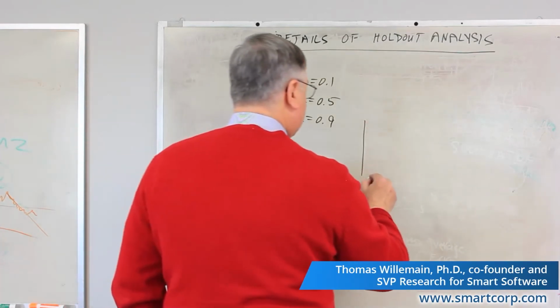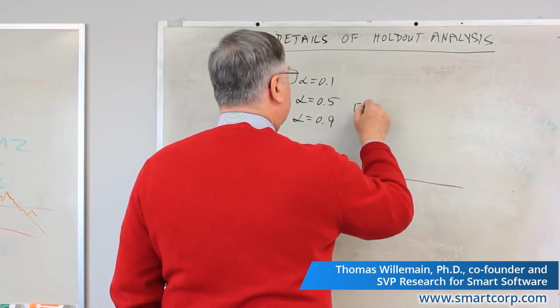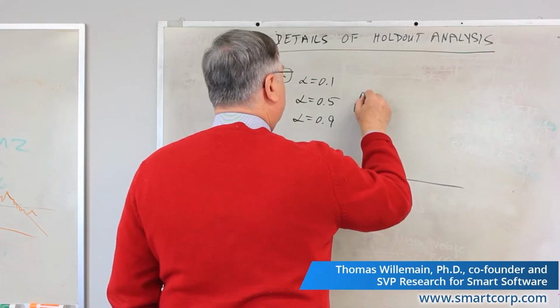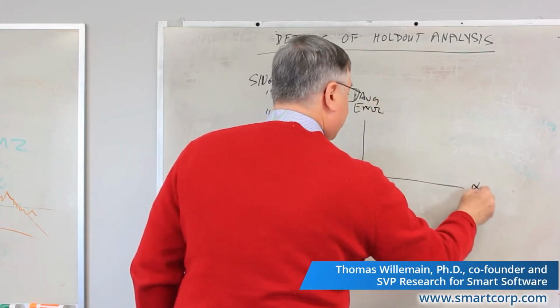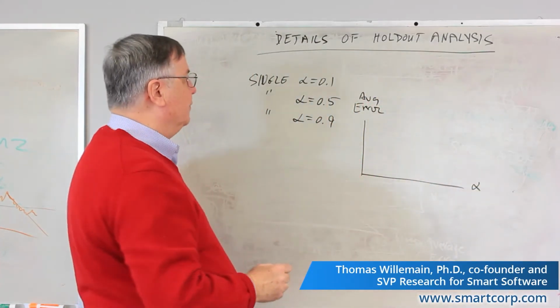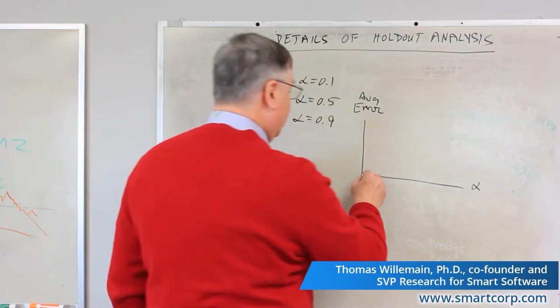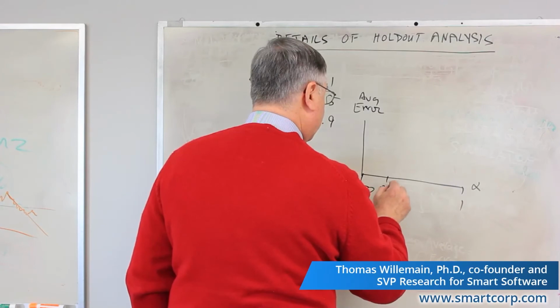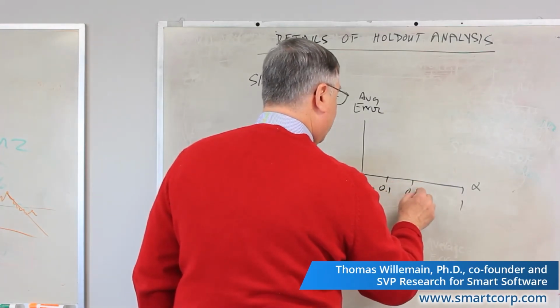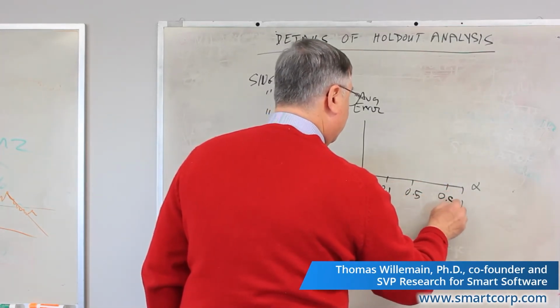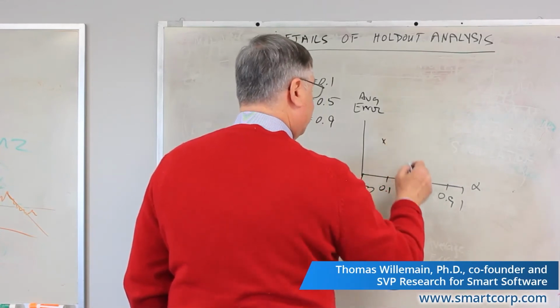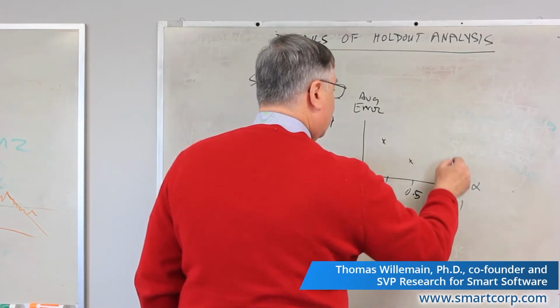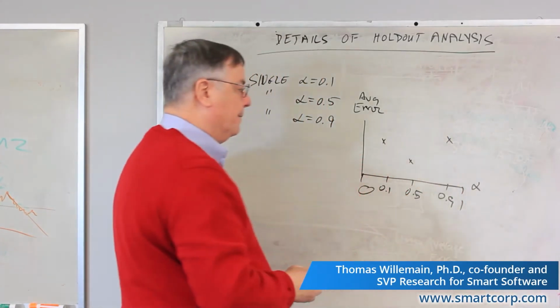And we can start making plots like this. Here is the average error and how it depends on this choice of the alpha parameter. This goes between 0 and 1. We might be trying 0.1, 0.5, and 0.9. And suppose we get a result like this.